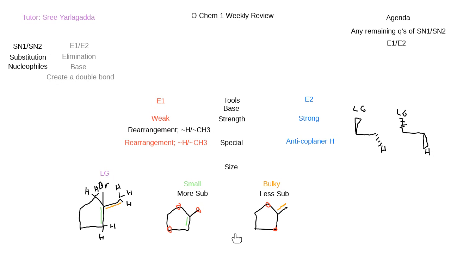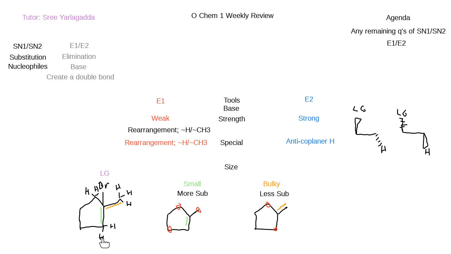All right, perfect. Now to explain a little bit of the conceptual side of things, so you are not simply memorizing this, let's imagine you are a small base, okay? If you are a small base, you have more freedom to grab these more sterically hindered hydrogens.